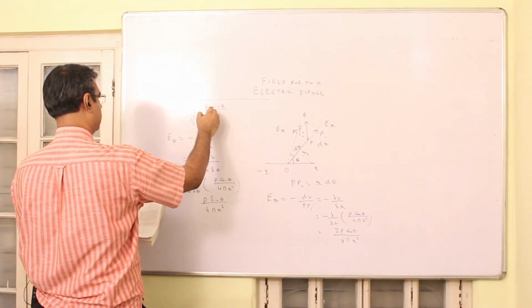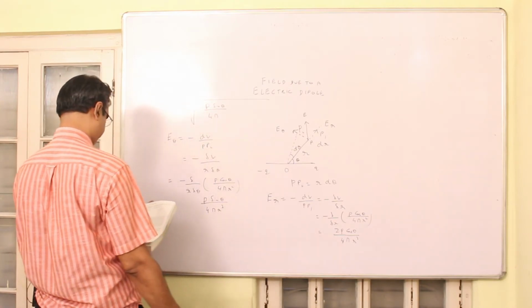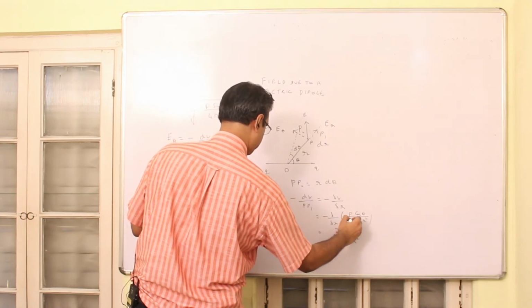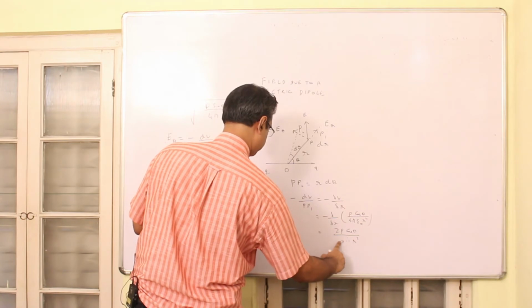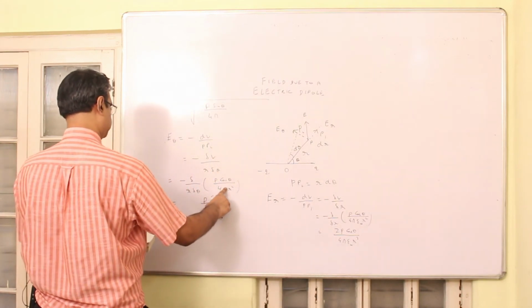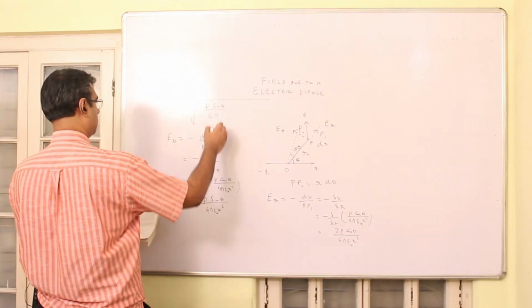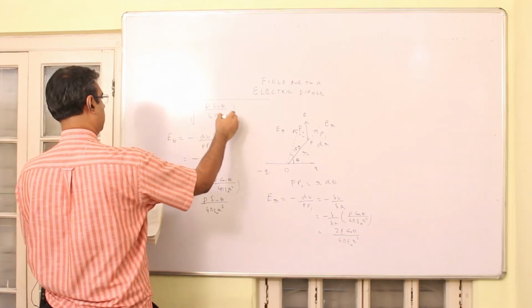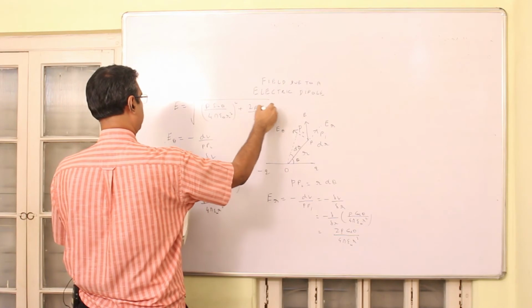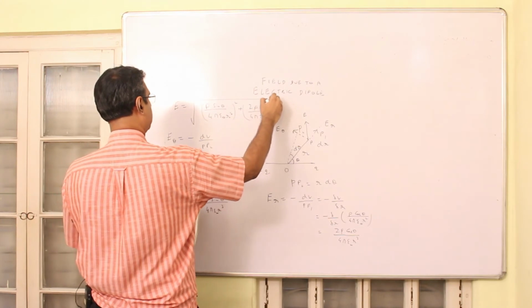So that is P sin theta by 4 pi epsilon naught r cube whole square plus 2P cos theta by 4 pi epsilon naught r cube whole square.